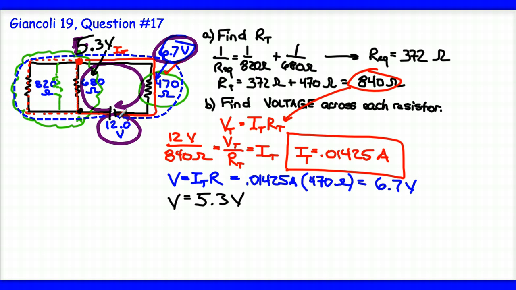And if I follow that line as well, I'm going to see that I again lose the 6.7 volts here, which means that the 5.3 volts needs to be dropped across that 820 ohm resistor. That's using the law of loops, or conservation of energy, to basically answer alternative ways of answering part B.